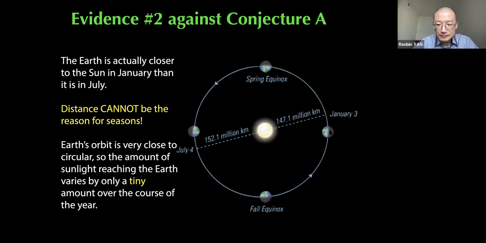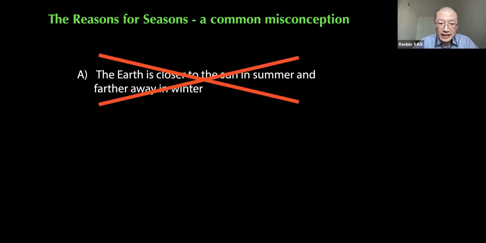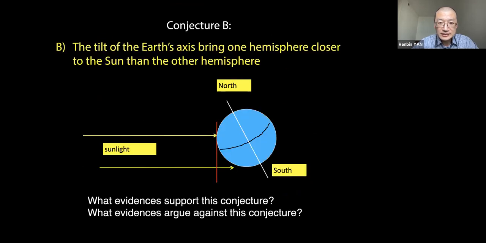This change in distance is a very, very small amount compared to the overall distance. This is only a 3% change in distance. It's not going to cause much change in terms of the temperature. So conjecture A is certainly incorrect. The Earth being closer to the sun in summer and further away in winter is not causing the seasons.